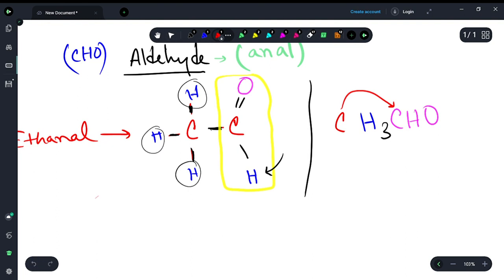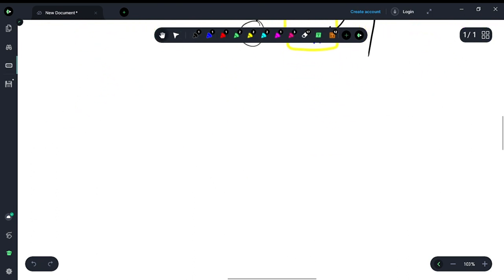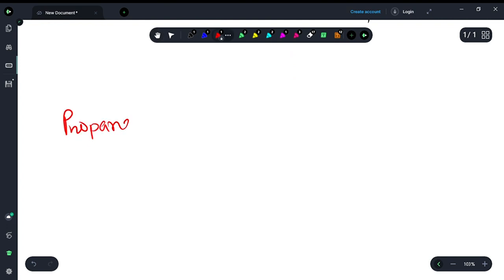That can be tough, so let me clear it up with another example, propanol. We know prop means three, so there will be three carbons. Let's draw the bonds: 1, 2, 3, 4 bonds.